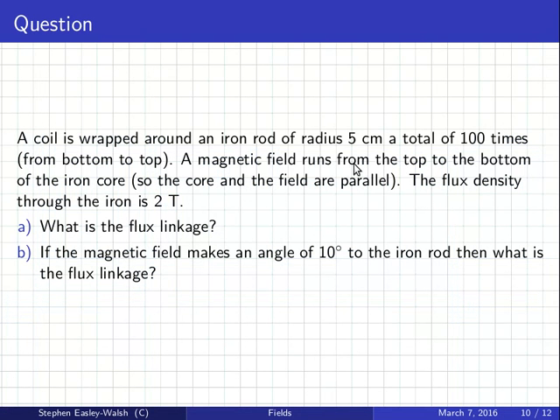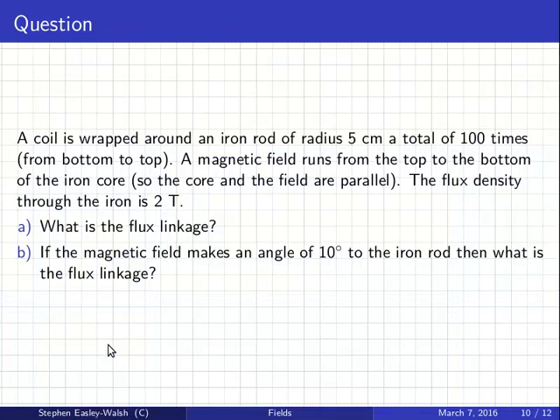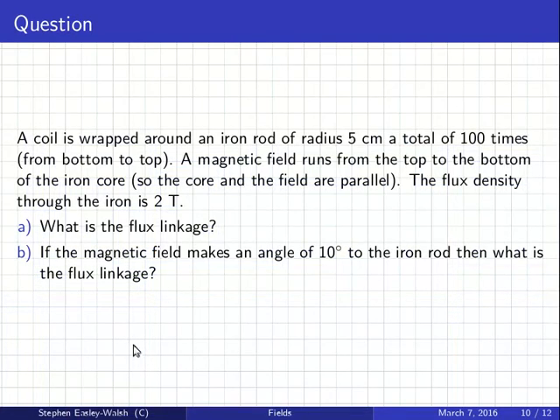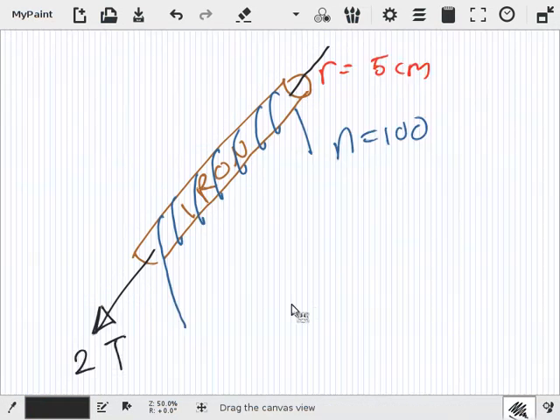A magnetic field runs from the top to the bottom of the iron core. So you have a magnetic field running through the iron this way, and that is 2 Tesla. And my question is, what is the flux linkage?